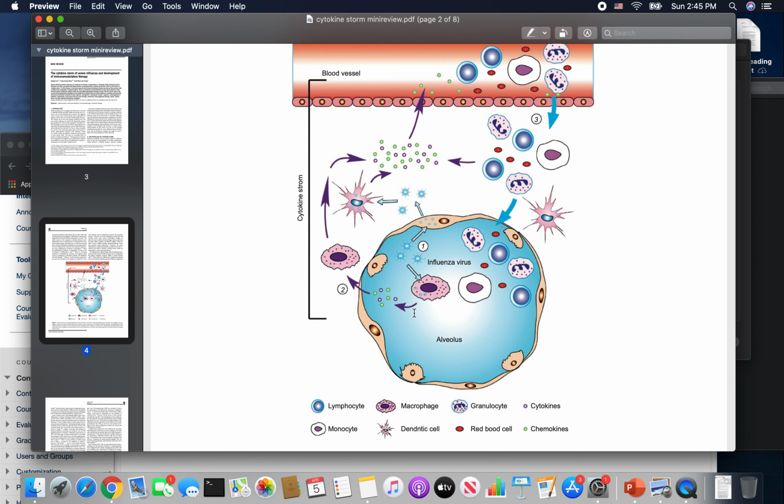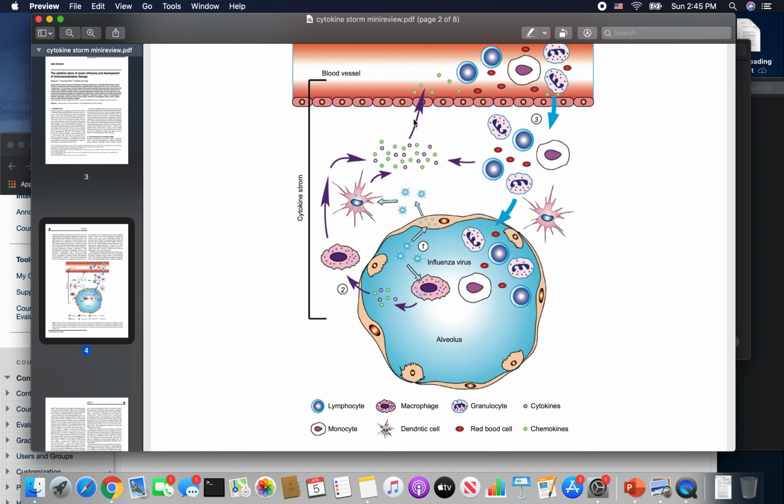One of those is MIP1 alpha, macrophage inflammatory protein 1 alpha. That calls in more macrophages. Another one will be interleukin 1 alpha or interleukin 1 beta. Both of those are really strong pro-inflammatory cytokines.